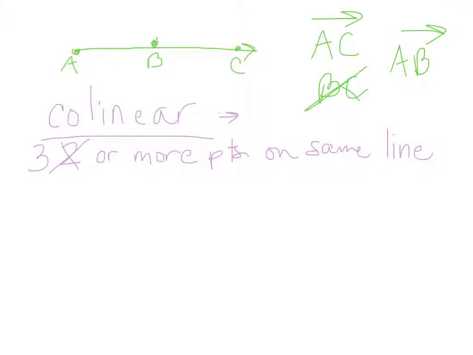Now, three points can also make a triangle. Points that lie on the same line are called collinear. It doesn't have to be three. Well, it's three or more.